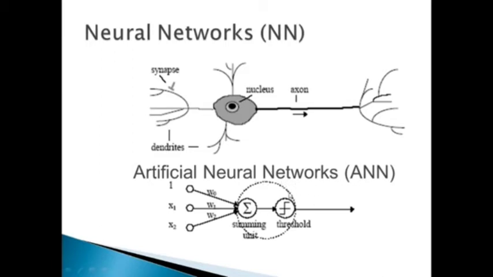In the artificial neural network, a number of neurons are given as input, and they are summed up to get the threshold value, which is the expected output. The neurons get fired, and finally we get the threshold value. That is the work of the artificial neural network.